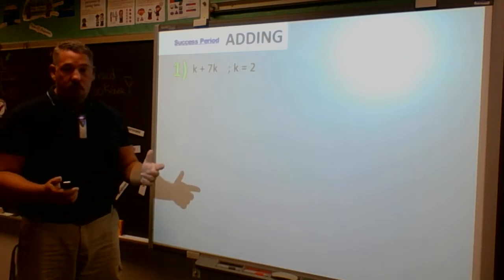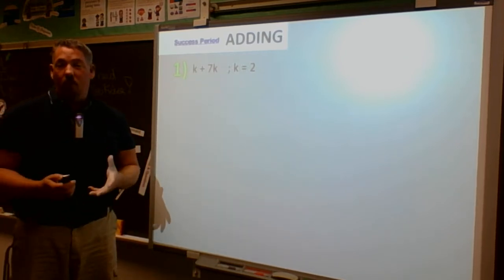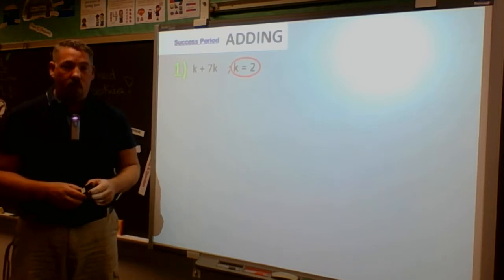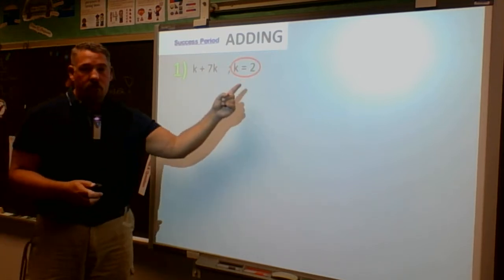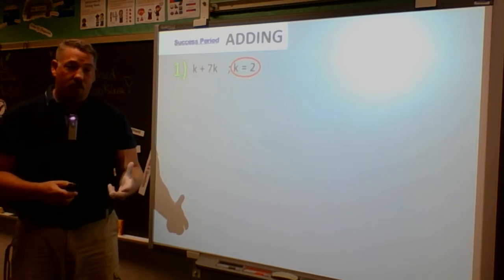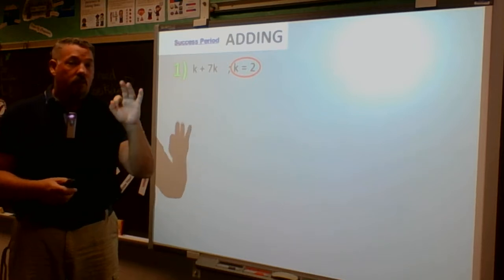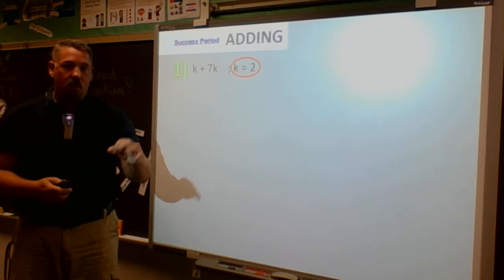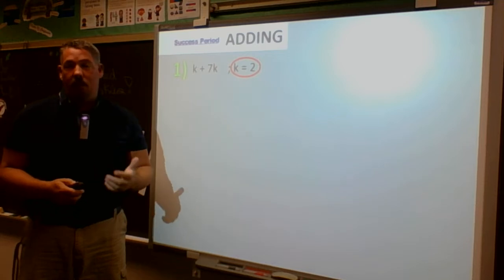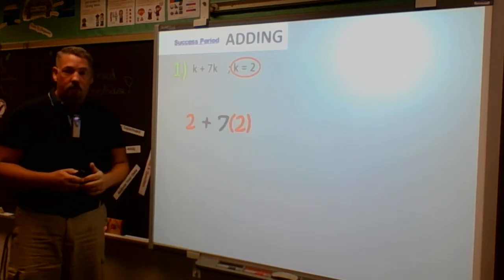So if I'm substituting, then all I'm going to do is put that 2 in where the k's are. When I'm doing it, I have to make sure that I show them correctly, though. So I always circle my letters so I know what I'm substituting. And then we're going to get to some of them where I'm substituting 2 numbers in for letters or 3 numbers in for letters. So I circle each of them as I go through and I make sure that I substitute them in correctly. And then I rewrite the math problem.